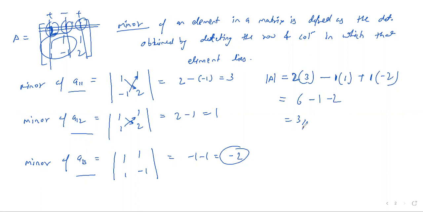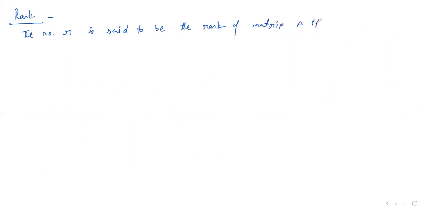Now just look at the definition of the rank, that how can we find it. The number r is said to be the rank of matrix A if the conditions are: if every minor of A of order r plus 1 is 0.